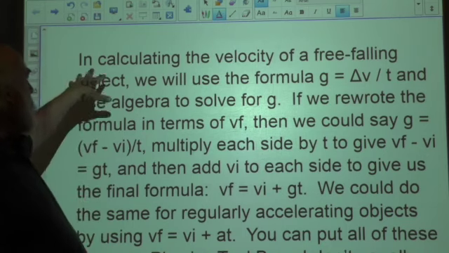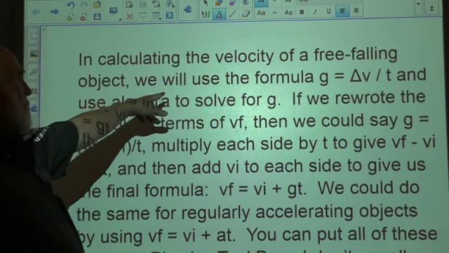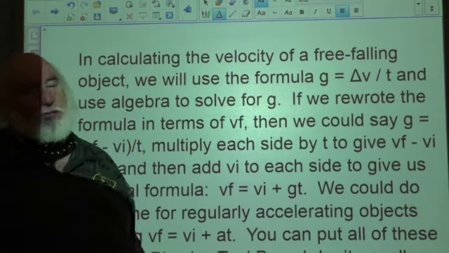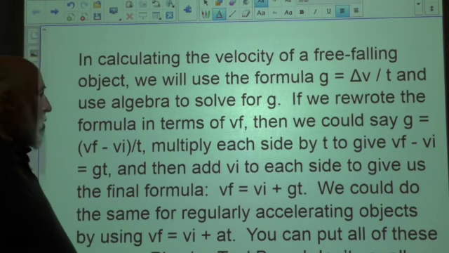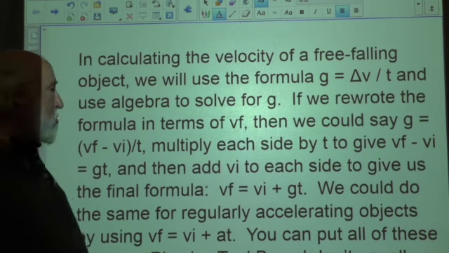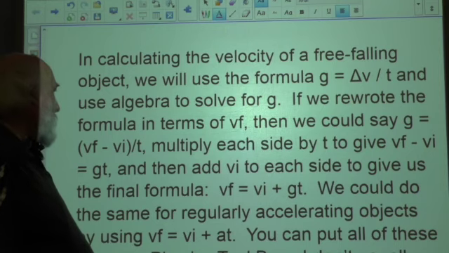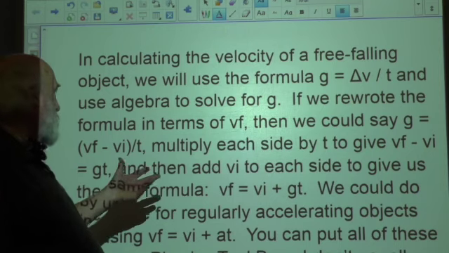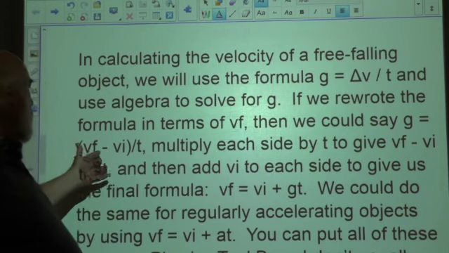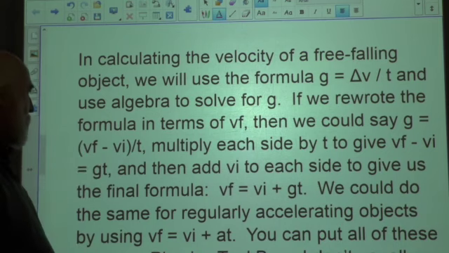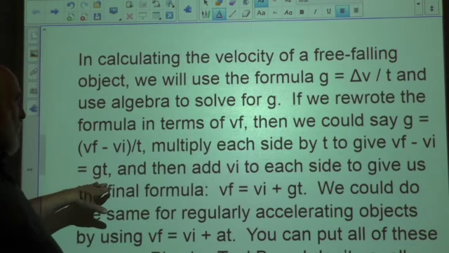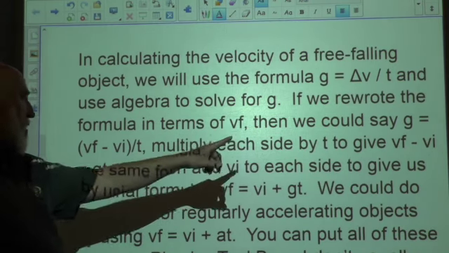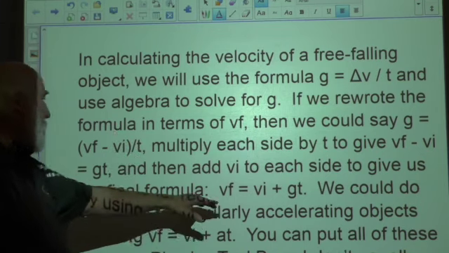Okay, so in calculating the velocity of a free-falling object, we use the formula G equals delta V over T instead of A equals delta V over T, knowing that G is going to be 9.80 meters per second squared. And so if we have the formula G equals delta V, which is VF minus VI over T, we multiply both sides by T, you get VF minus VI equal to GT, and then we add VI over, and we get this formula.